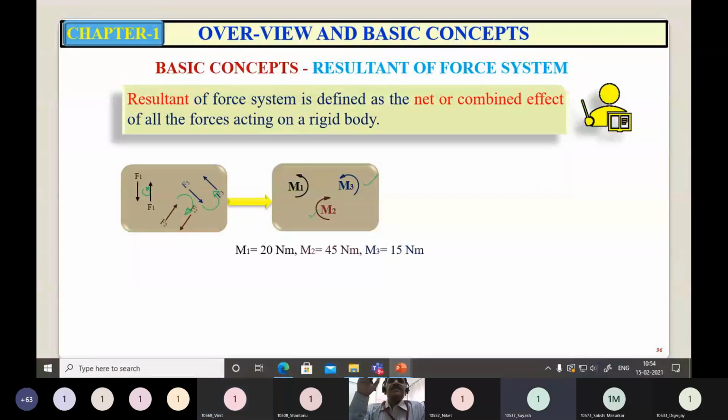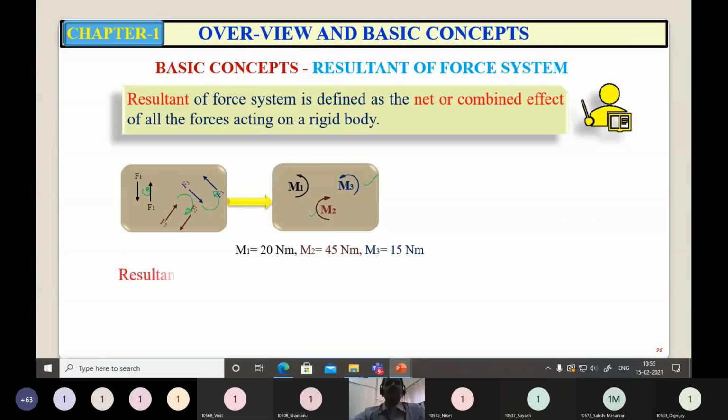It is 0. We know that the resultant force of a couple is always 0. Hence, there is no translation. So all these couples have a resultant force of 0. Am I right? That doesn't mean that the resultant of this system is 0. Okay, the resultant force is 0, but this system can have a resultant moment.